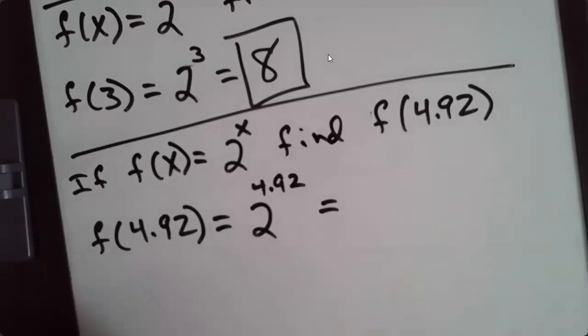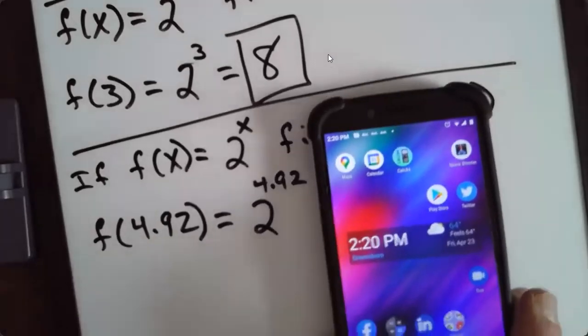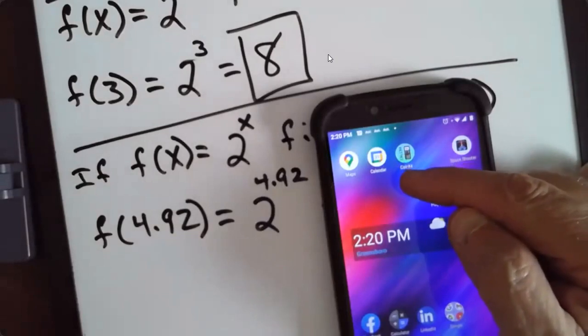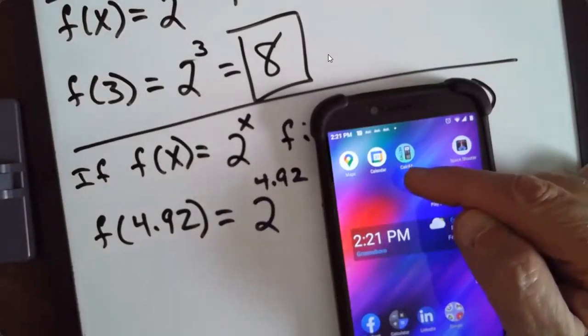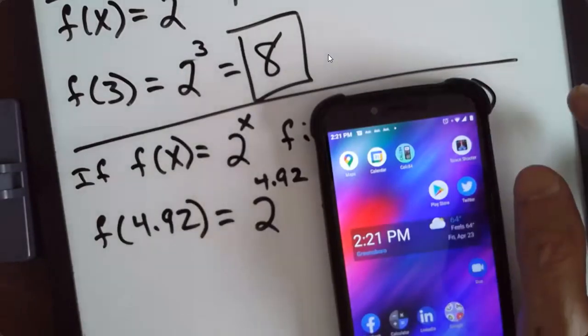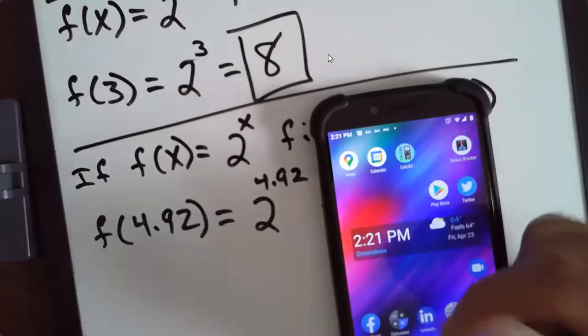Now, one thing I'll tell you is that I would recommend that you get a TI-84 calculator on your cell phone for free. Just go to your Play Store, your Google App Store, type in TI-84 calculator, and download it.